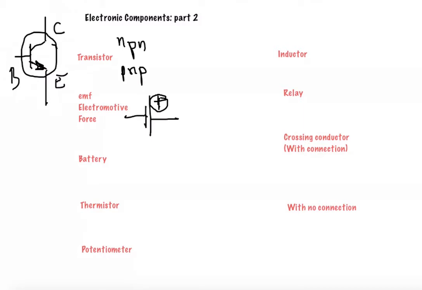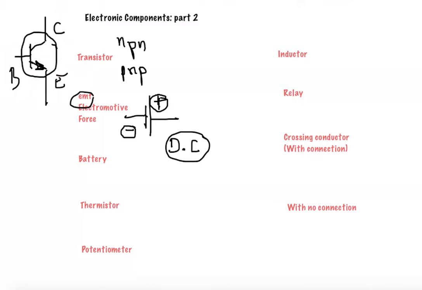This is the source of potential, if you will, and the small plate is with a negative charge. So we call that EMF, and sometimes also we use the term DC, direct current, when we are drawing a single cell like this.